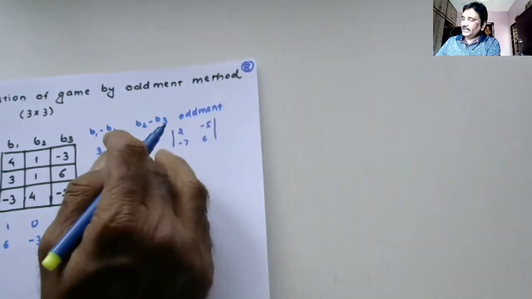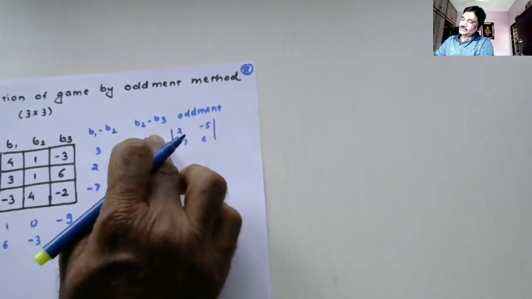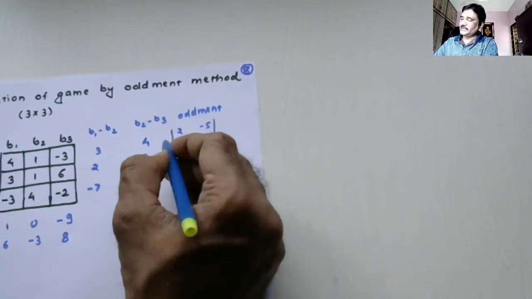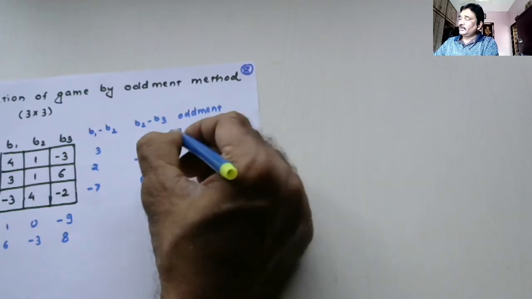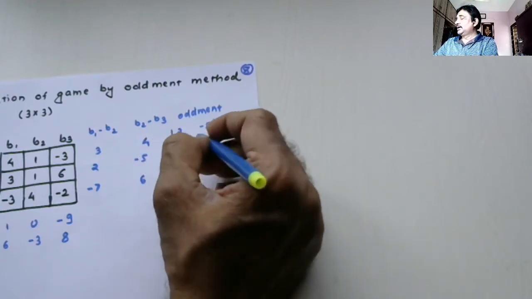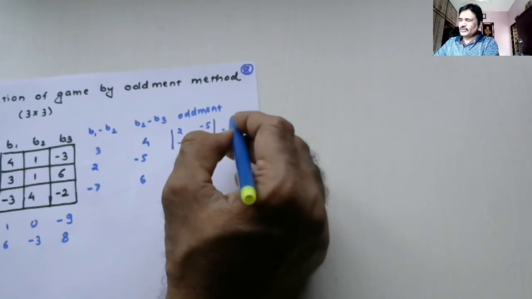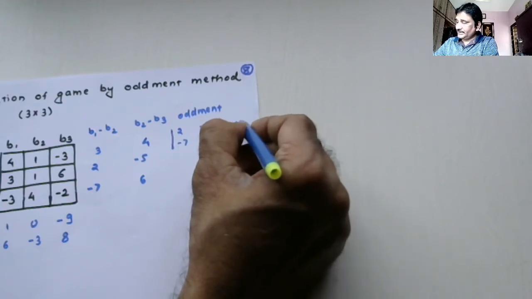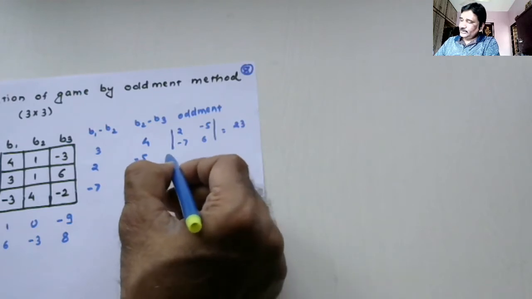What I did, I have not considered the row difference values ahead of A1. The remaining I have considered in the determinant. Okay, so what is this value? 12 minus 35. 12 minus 35 is minus 23, but I have to write here 23 only. All right, then augment here.